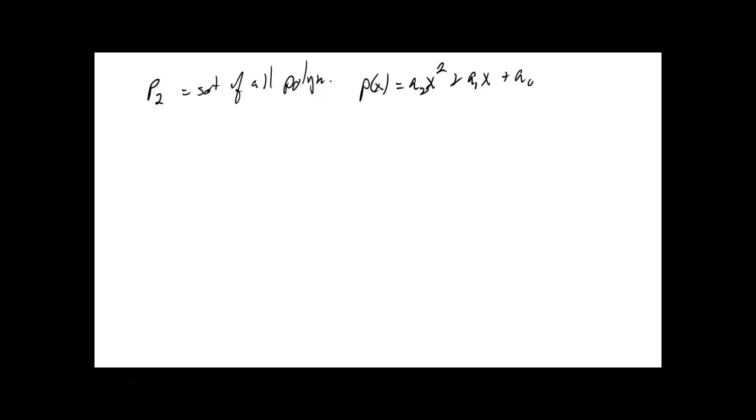Absolutely. You may eliminate a degree. If b2 was actually the opposite of a2, then you may wind up with just a linear polynomial, but that's still a polynomial of degree 2 or less. There's no way you could add those two together and get something with x cubed. Okay? Doesn't happen. So yeah, that is closed under addition.